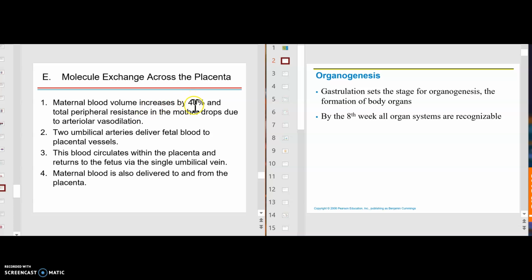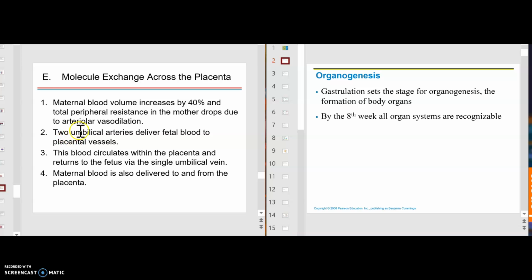So you increase this blood volume in order to have enough to perfuse into the placenta area. And you also drop total peripheral resistance. We talked about that before, with some more vasodilation to be able to do this.